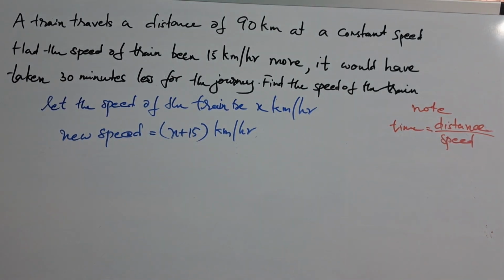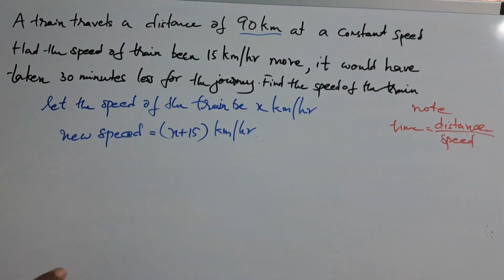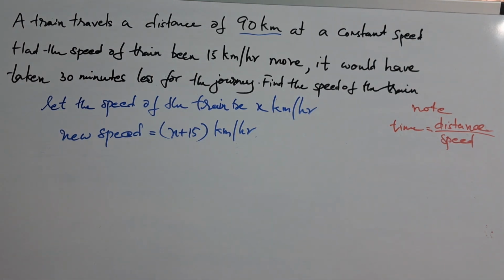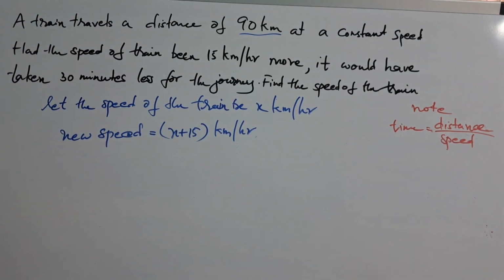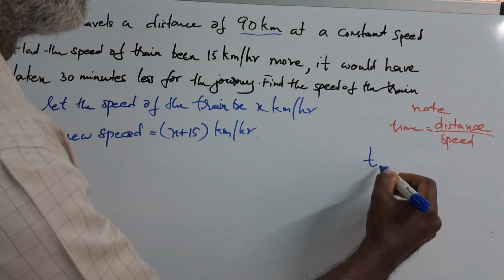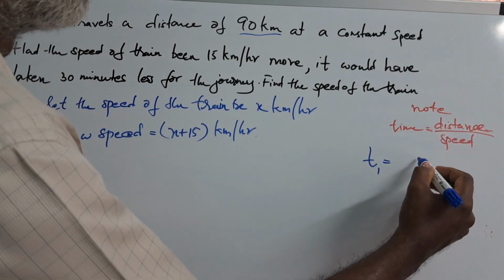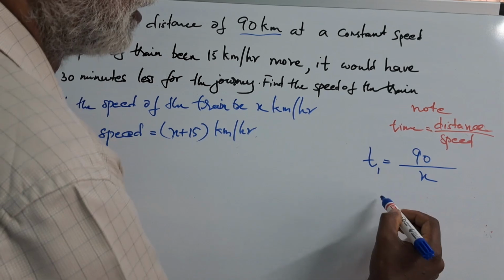We know for a given distance, here the distance is 90 kilometer, greater the speed, lesser the time taken. That means T1, the original time taken, is distance divided by speed, 90 divided by x.